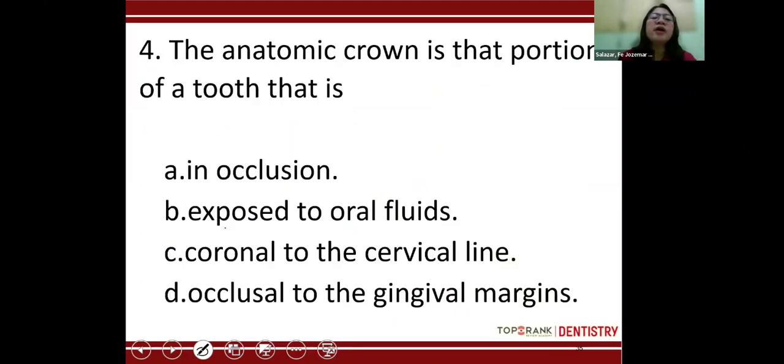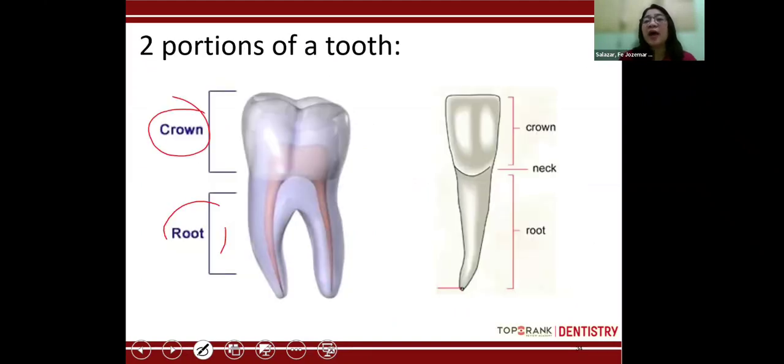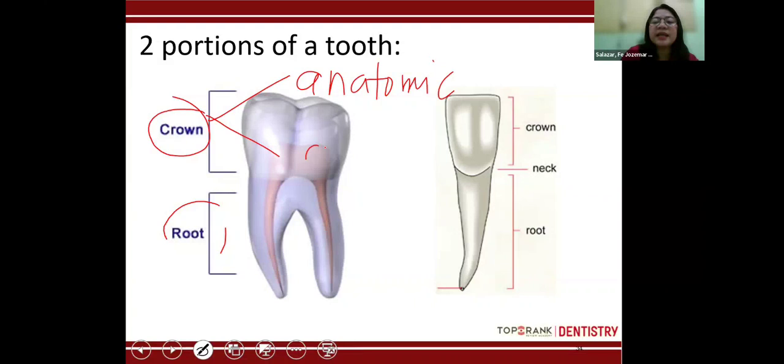Now, there are two types of crowns. What are the two types of crowns? You have an anatomic crown, yes, and a clinical crown.